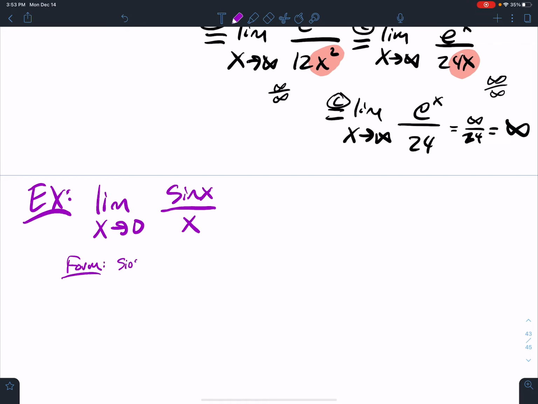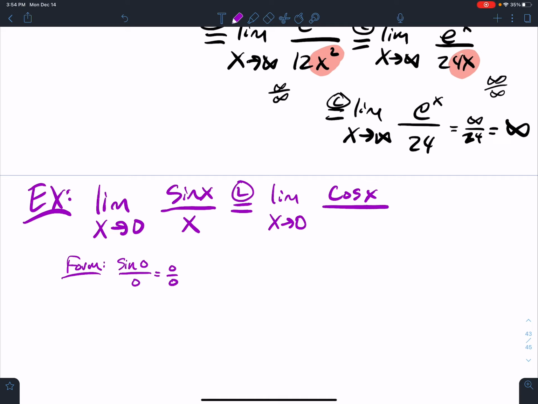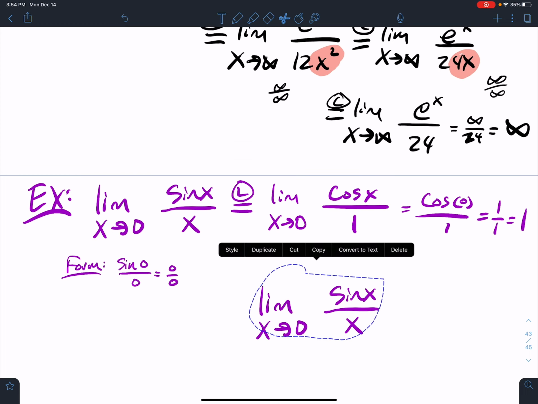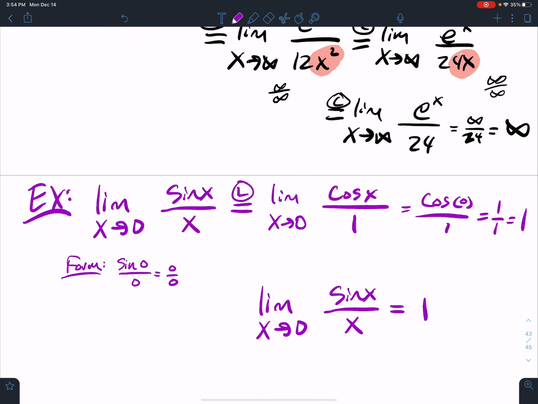Sine of 0 divided by 0, so that's 0 over 0. So I'm going to L'Hopital it. The derivative of sine x is cosine x. The derivative of x is 1. When I plug in 0 for cosine, I get 1 over 1, which is 1. So that proves the limit as x goes to 0 of sine x over x is 1.